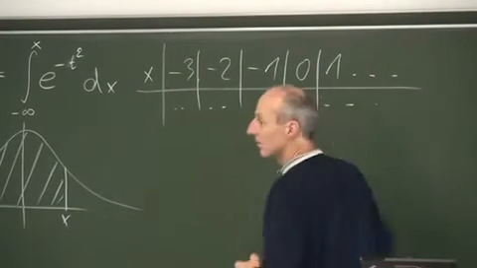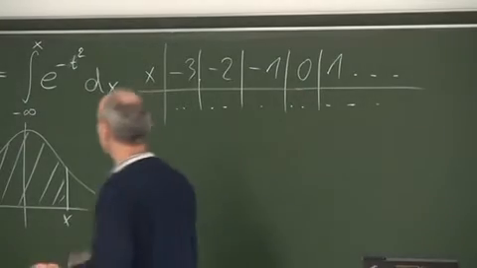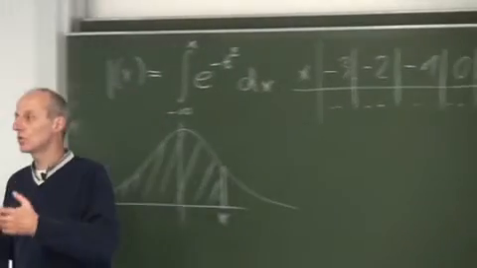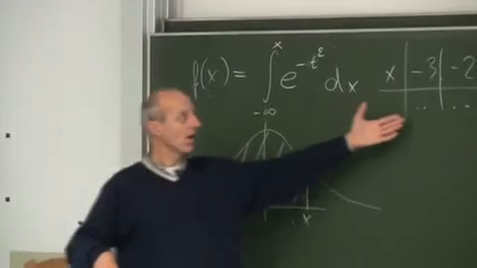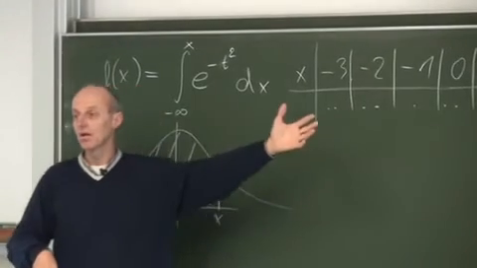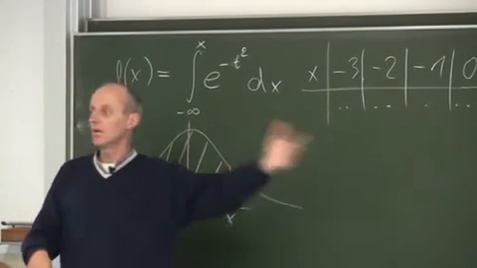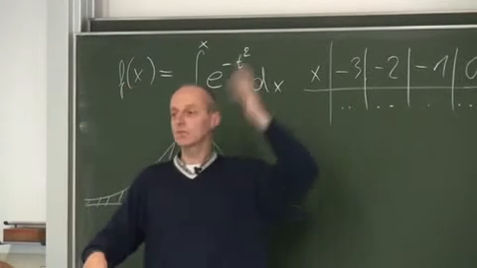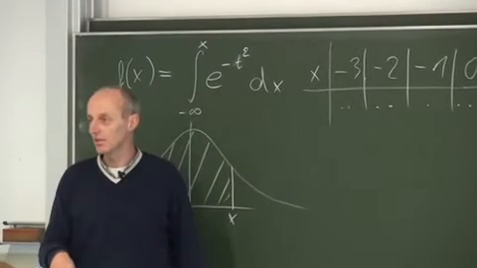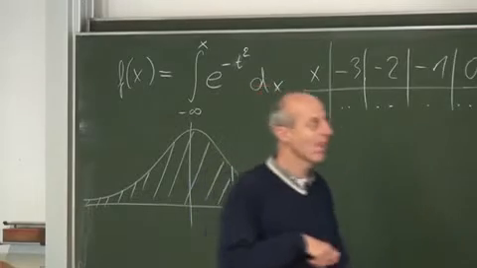And that's it. But there is no chance to continue with symbolic calculations. How could you use this table and then apply it in some mathematical context? What is the limit of this table for x towards infinity? No chance.